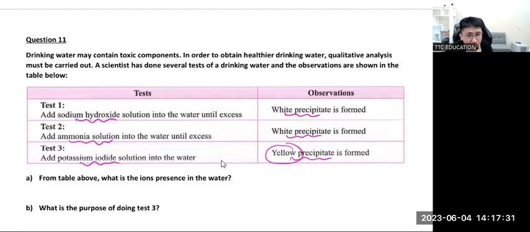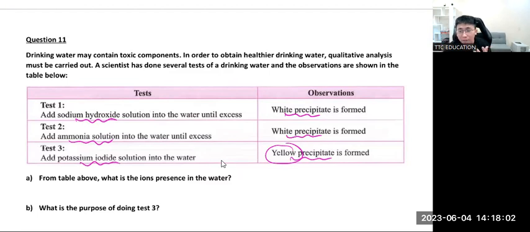Yellow precipitate, you think about peanut, right?